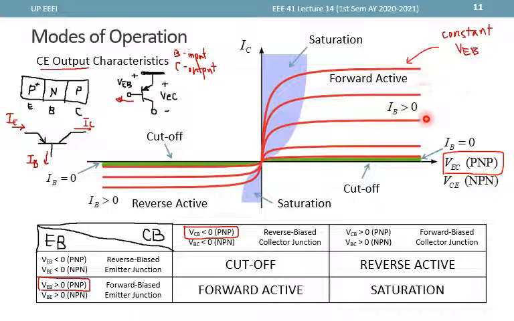And specifically for this plot, as we go upwards into the plot, VEB actually increases. And so as VEB increases, the EB junction becomes more forward biased, and there are more holes being injected from the emitter into the base and possibly getting into the collector, and therefore we get this higher IC as we increase VEB.